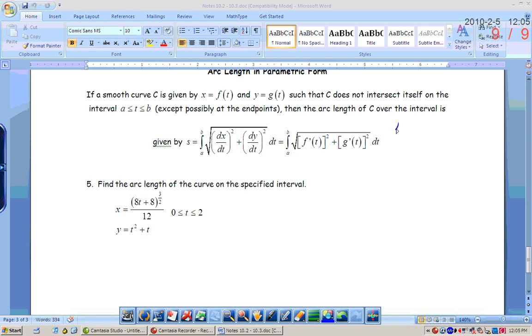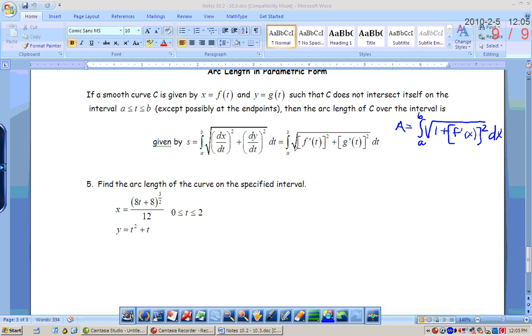Arc length was the integral from a to b of the square root of 1 plus f prime of x, the quantity squared. This formula is very similar.